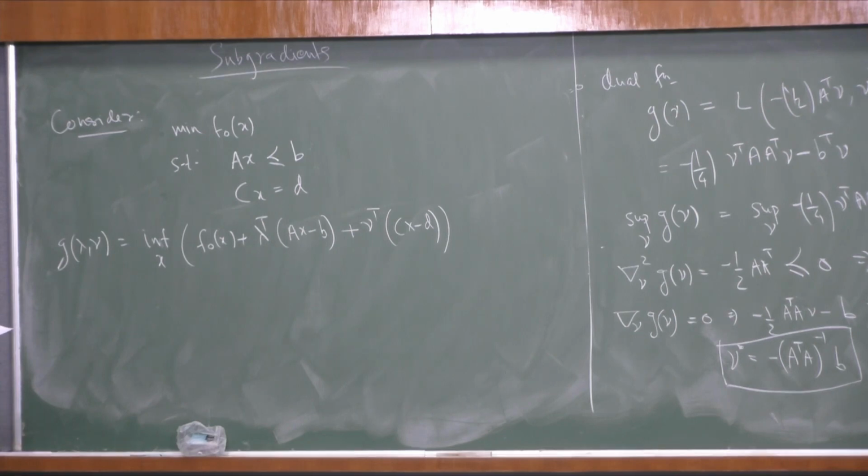It is an infimum over x, so we can take out the terms which don't depend on x. So basically lambda transpose b and nu transpose d, they don't depend on x, so we will take them out.